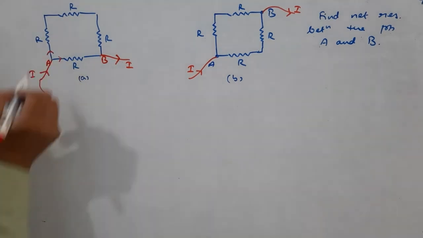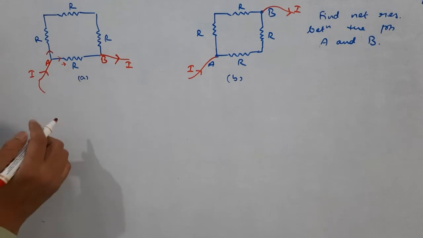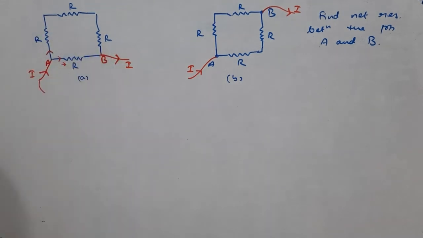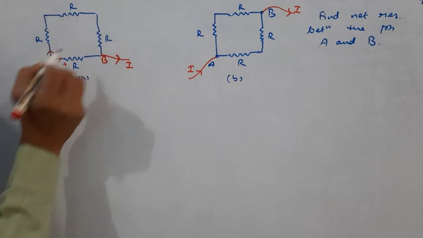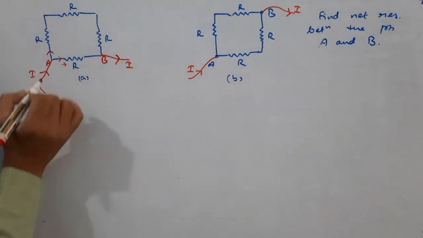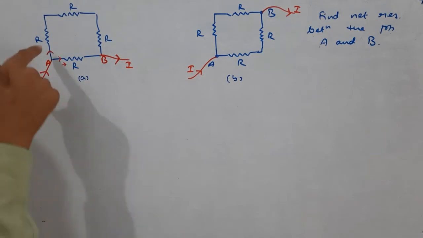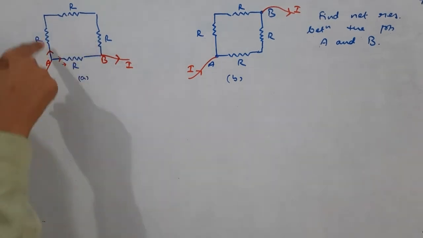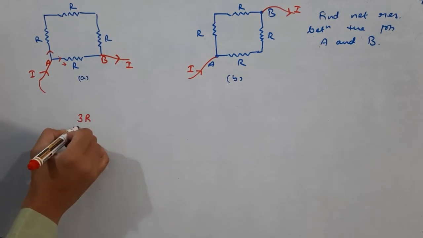So which is easier? This path is easier because there is only 1 resistance, there is less opposition, but here there is more opposition. So in this path, these 3 resistances will be in series because there is only 1 path. So this current, this current, this current will remain the same. So R, R and R, these 3 are in series, it becomes how much? 3R.